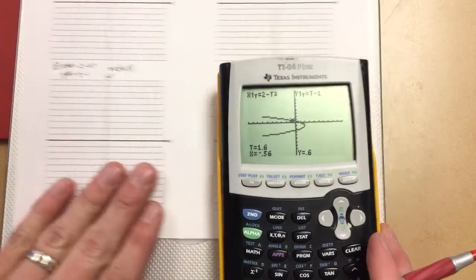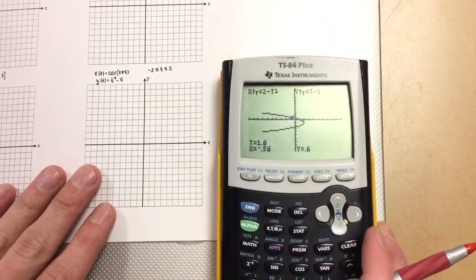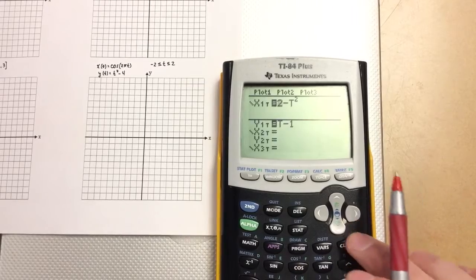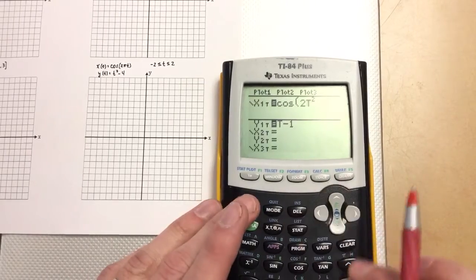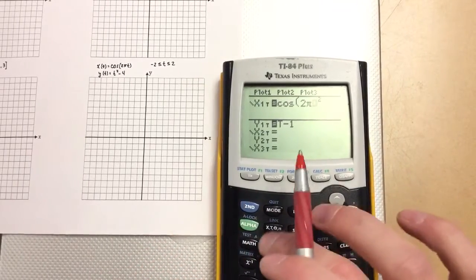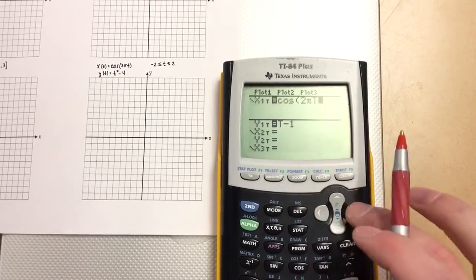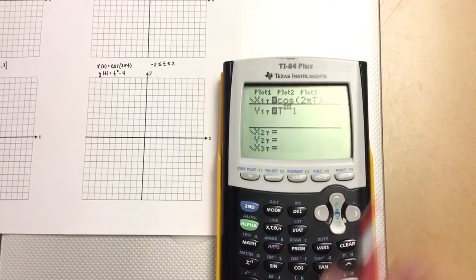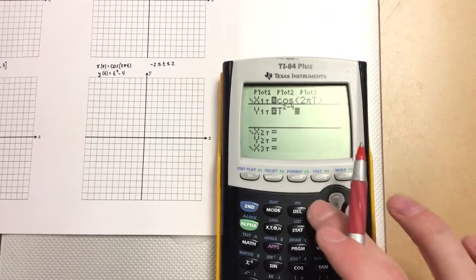Let's do the last one. I like the last one. Last one's fun. All right, I got cosine 2 pi t. And I've got t squared minus 4.